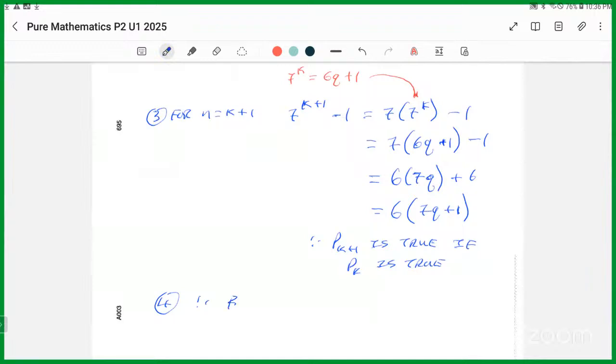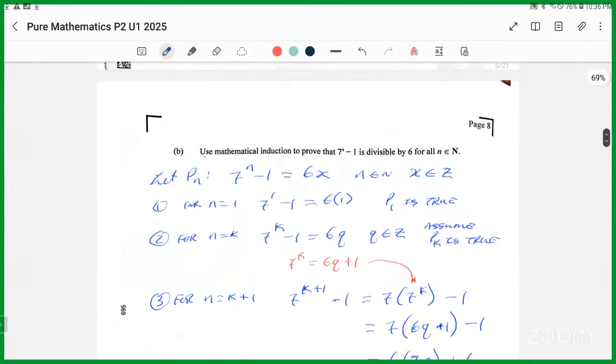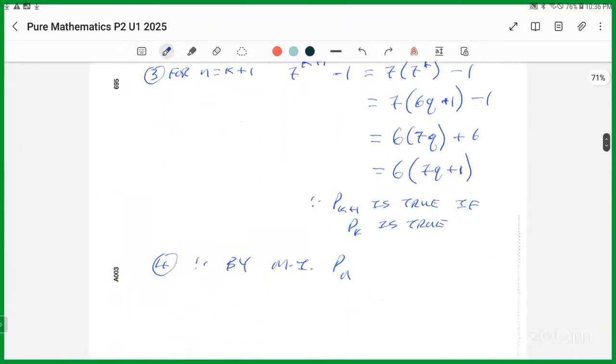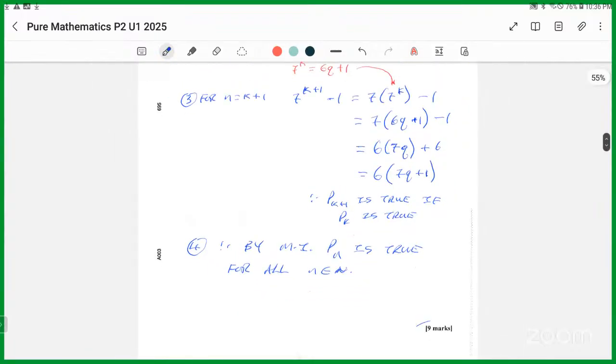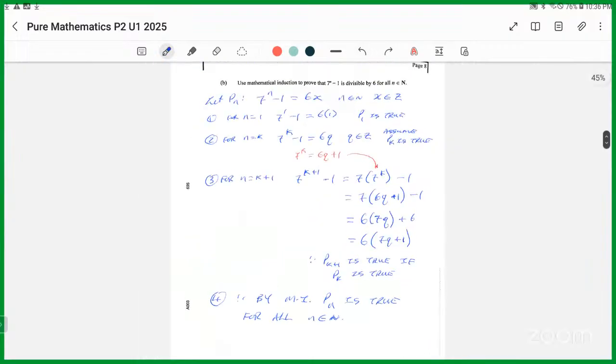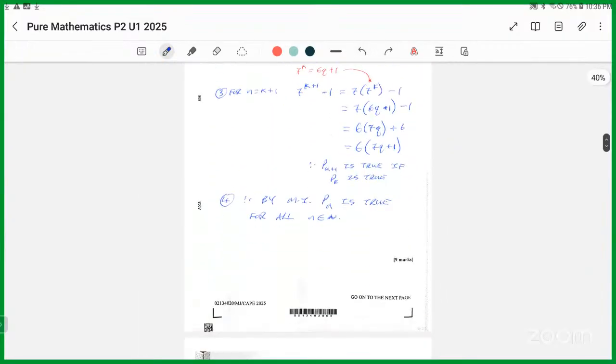Therefore, by mathematical induction, the original statement that we call P(n) is true for all n which are natural numbers. That is for that. 9 marks. Wow, 9 big ones for that.